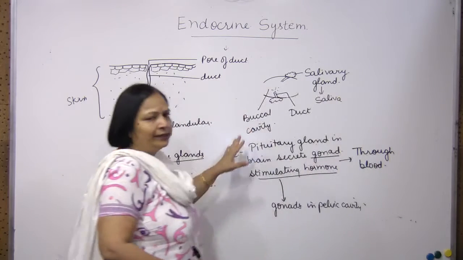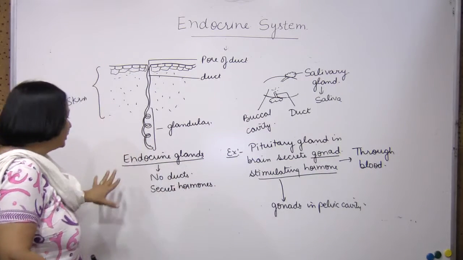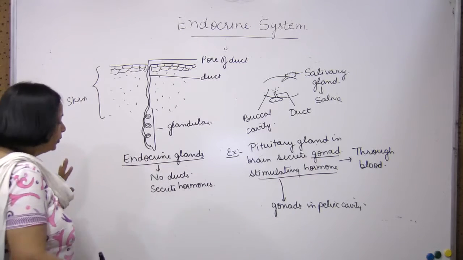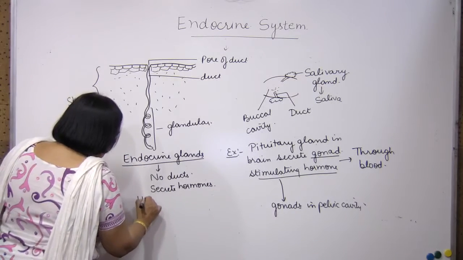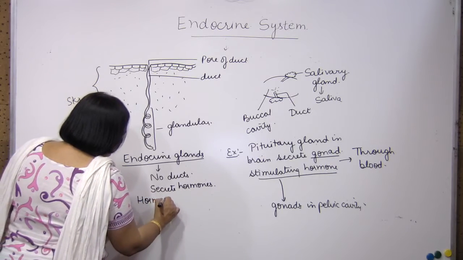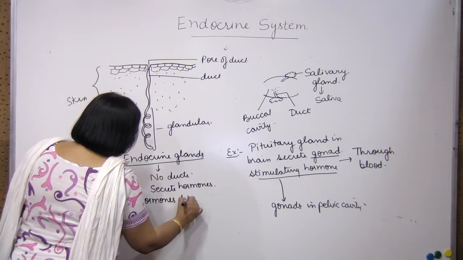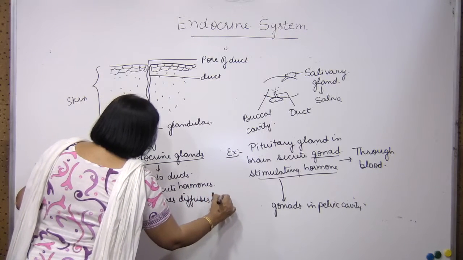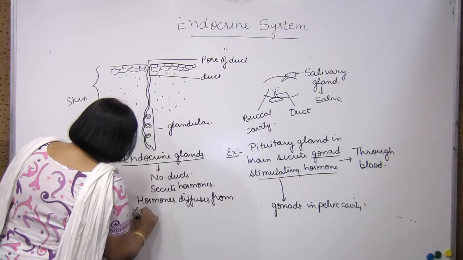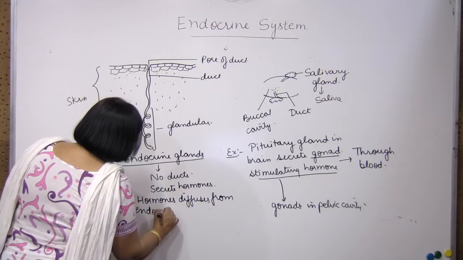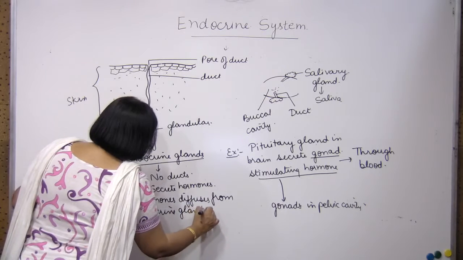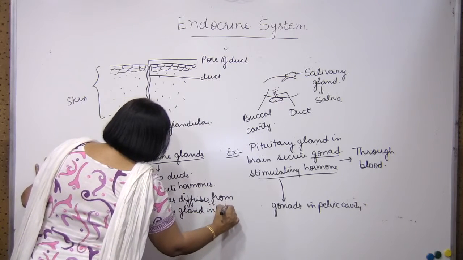So endocrine glands, what do we say? Endocrine glands are ductless glands. They secrete hormones, and the hormones diffuse from the endocrine gland into blood.